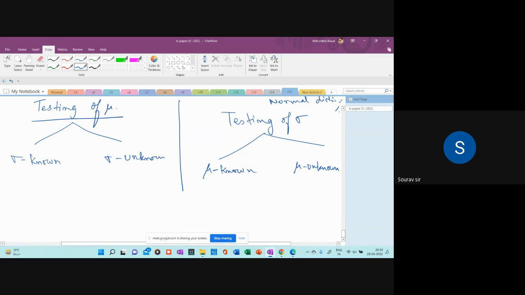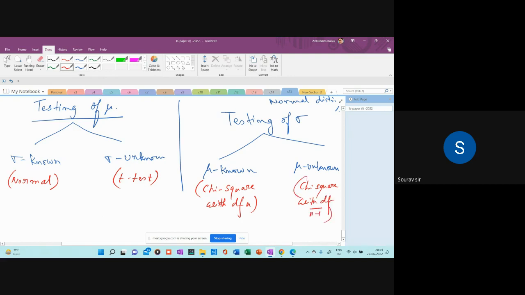Briefly, for testing of mu where sigma is known, we use normal. For this we use t-test. For this we use chi-square with df n, and here we use chi-square with df n minus 1.